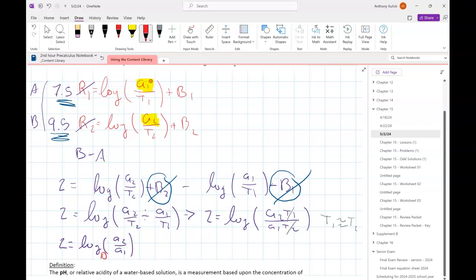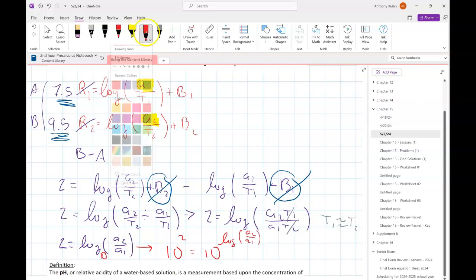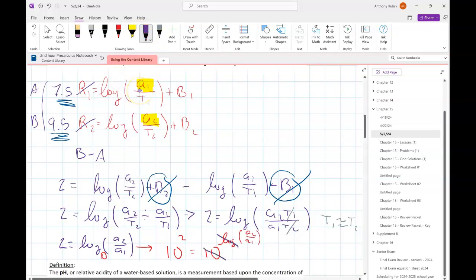So what do I have to do to both sides to get rid of that log there? It's an exponent base. So I'm going to do 10 to the second equals 10 to the log of A2 over A1. So those guys go bye-bye.